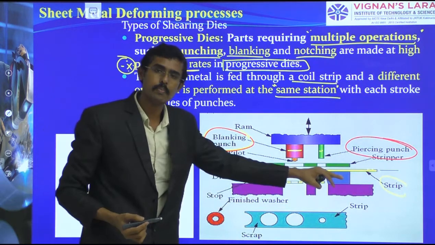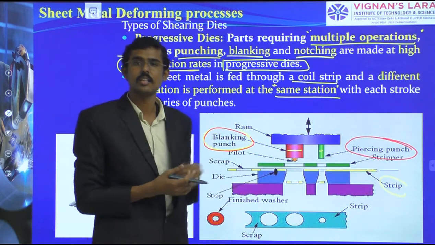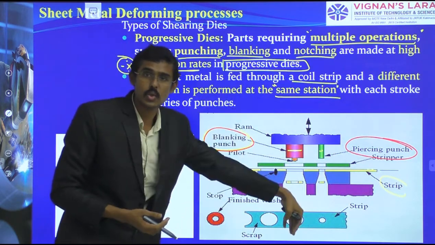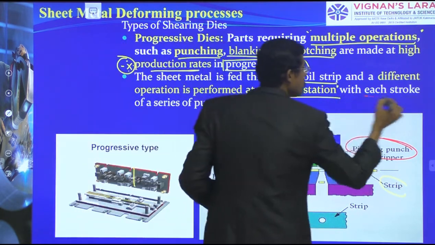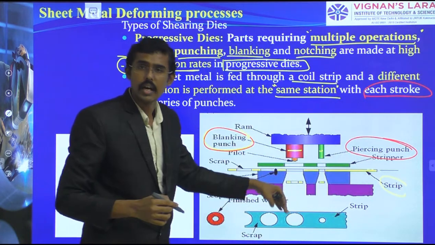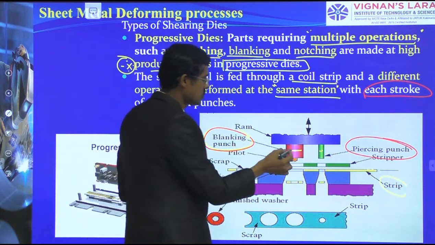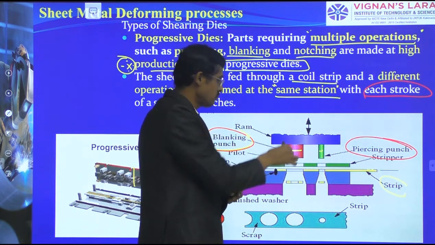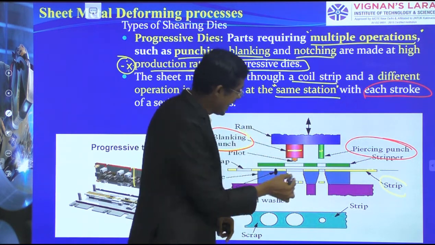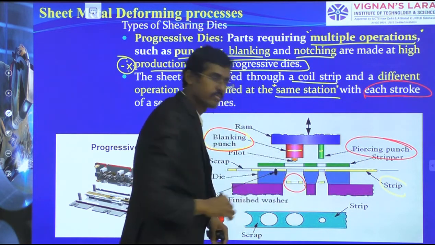What happens? I have kept the strip inside. It means I kept the sheet inside. And I am going to do a single stroke operation. With each single stroke, when I am applying the force over the sheet, this blanking punch will go for the blanking operation, and we are getting one product here.